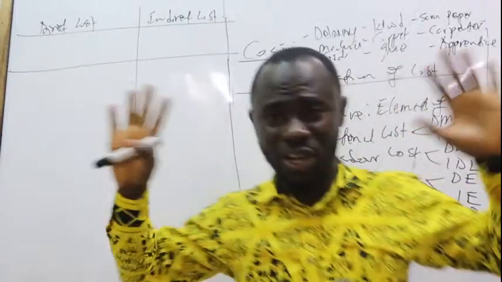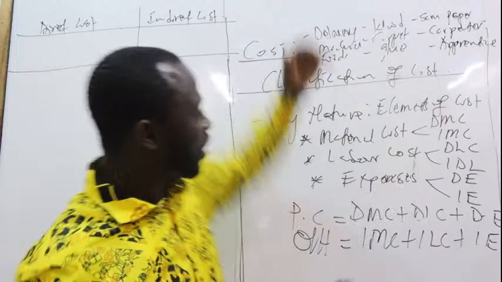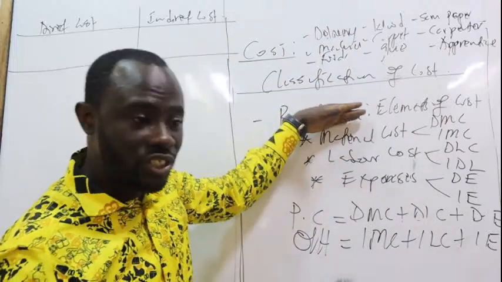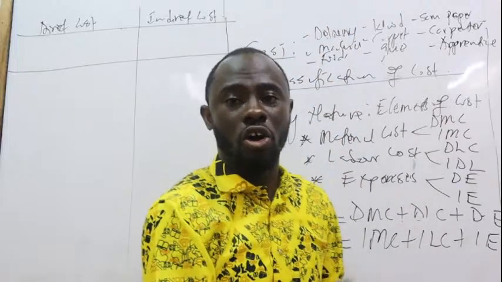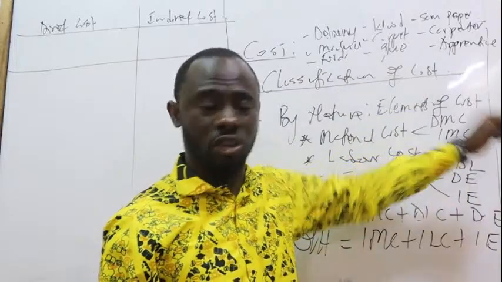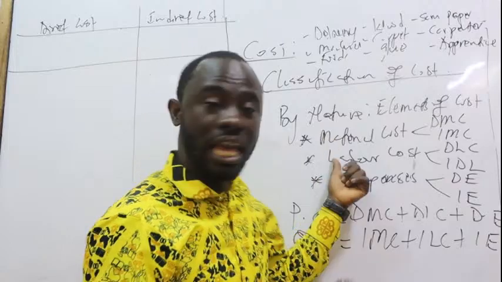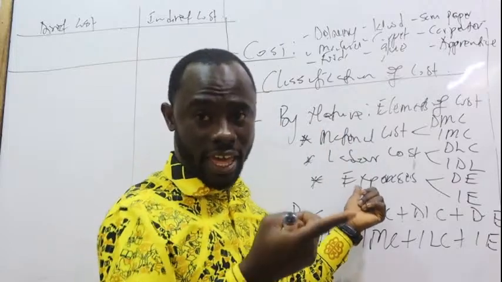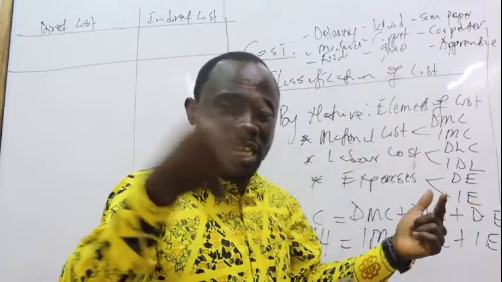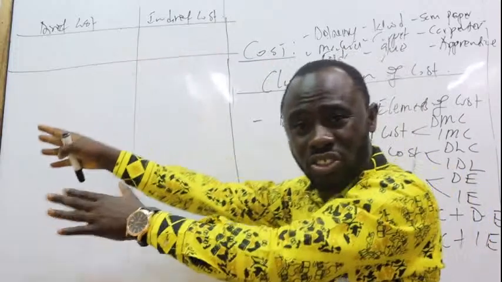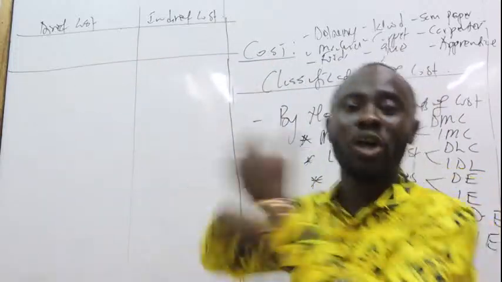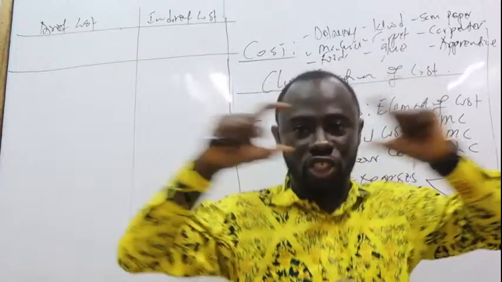So what are we doing? Classification of cost according to nature, that is classifying the cost based on what? The elements of cost. What are the elements of cost? Material cost, labor cost, expenses. These costs can further be divided into direct cost and then indirect cost. What are the differences? Number one, traceability.